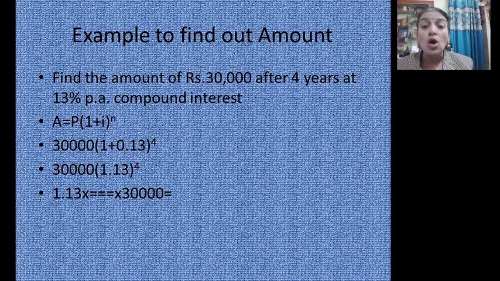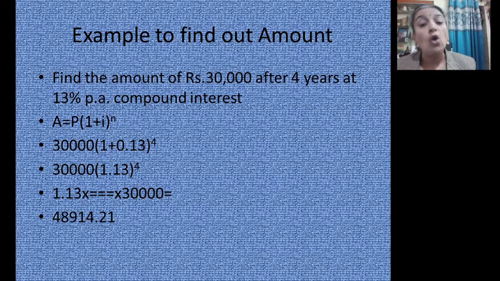Or in the calculator, enter 1.13 into, and press the equal sign 3 times. Then multiply by 30,000 and you will get the answer 48,914.21. This is the problem.